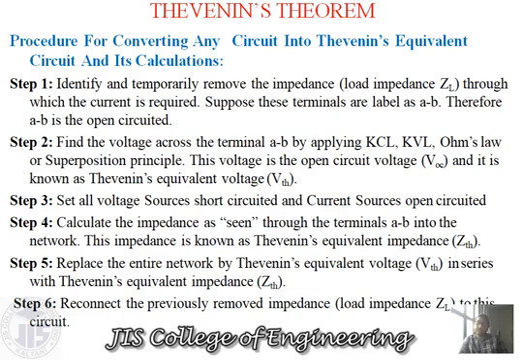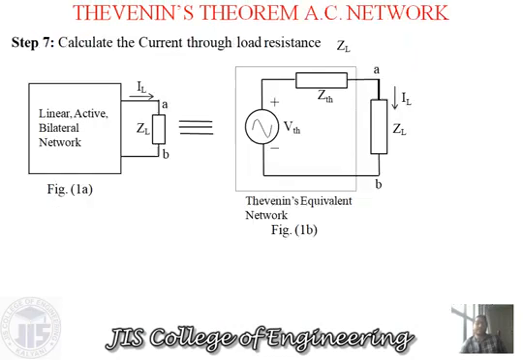And after finding this Thevenin voltage and this Thevenin impedance, we just connect them in series with the load impedance, and then you have to put the formula just like the previous one. So these are the overall steps, and we have to follow these steps to solve any type of problem.